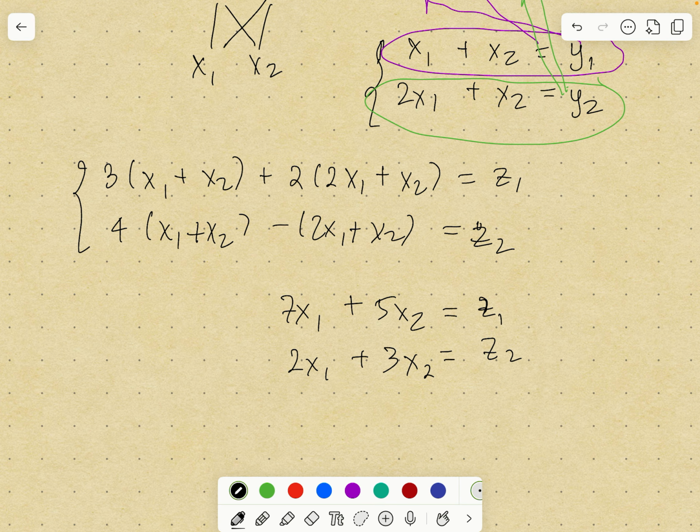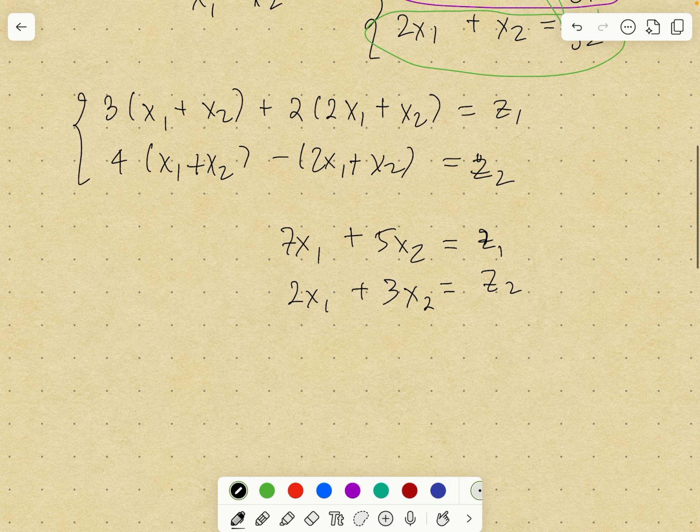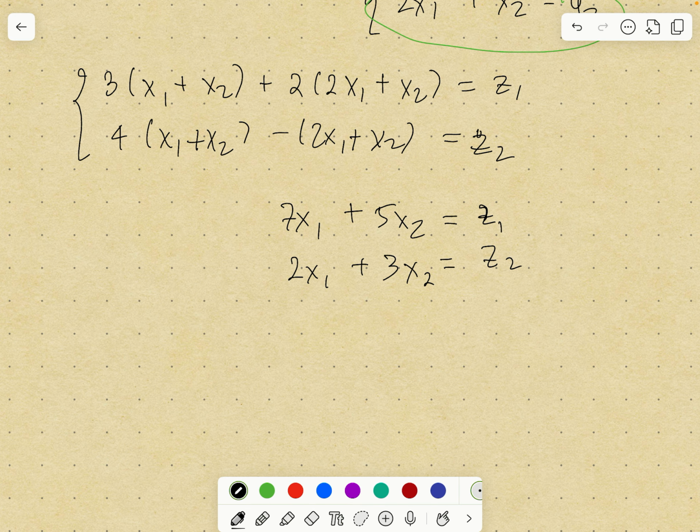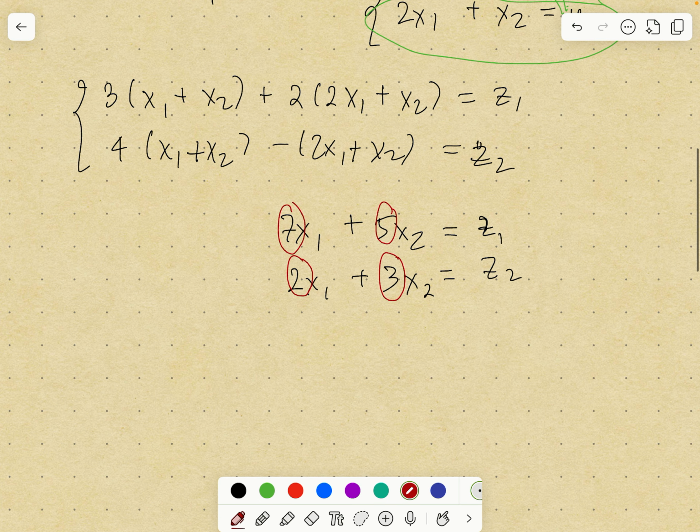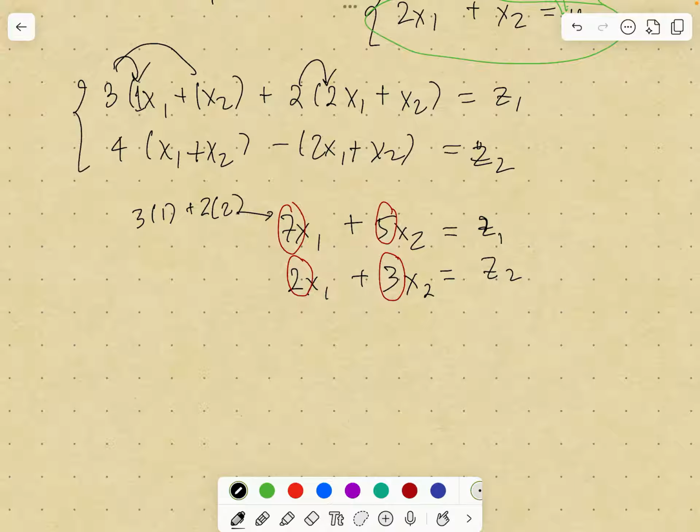Okay. Now let's think about what we did in terms of the math, in terms of how we got the 7, the 5, the 2, and the 3. To get the 7, we did 3 times 1 plus 2 times 2. The 5 we got by doing 3 times 1 plus 2 times 1.